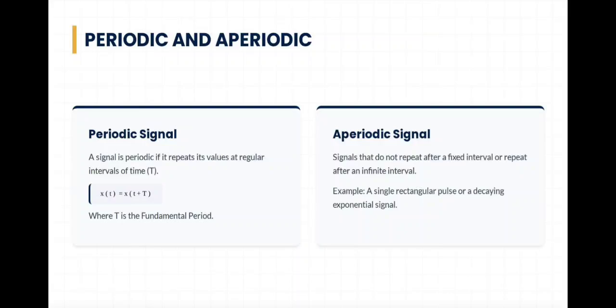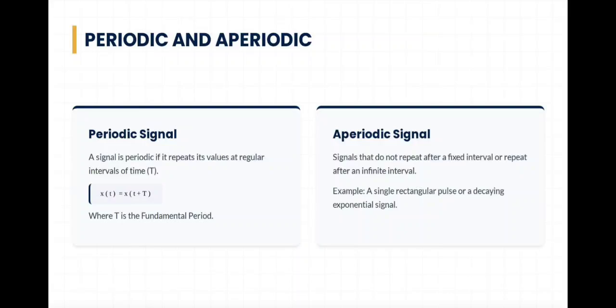Mathematically, this is written as x(t) equal to x(t + T), where T is the fundamental period, the smallest time after which the signal repeats. Common examples are sine waves, cosine waves or AC voltage signals. This repeats again and again in a regular pattern.